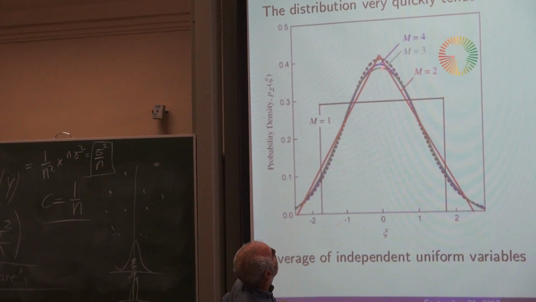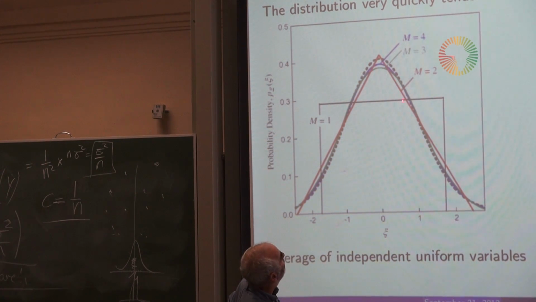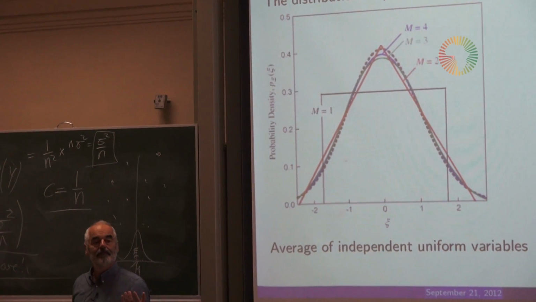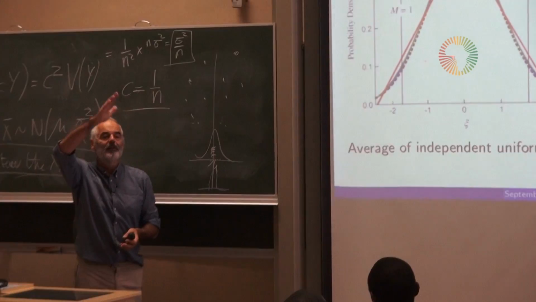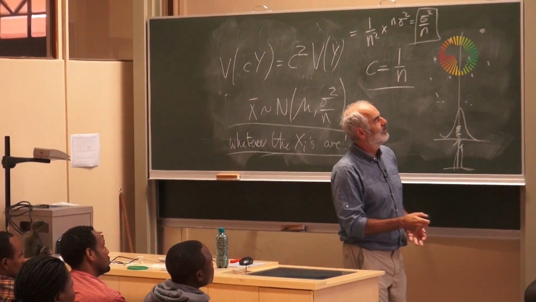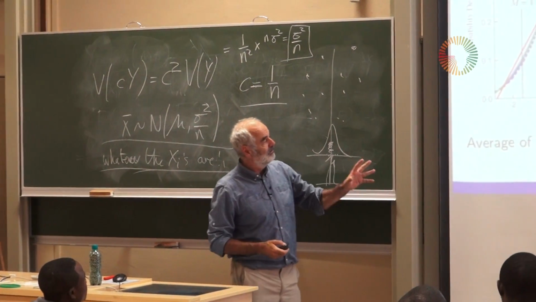3 is the green one. It's starting to look curved, starting to look familiar. If I take the average of 4 uniform variables, it's now looking like the blue one, and we're almost at a normal distribution. Take 6, it's almost indistinguishable. It's quite incredible. And that's what we did yesterday with the lottery tickets.